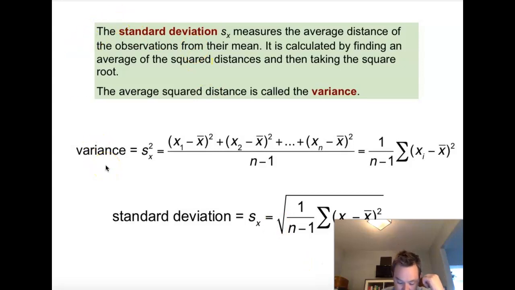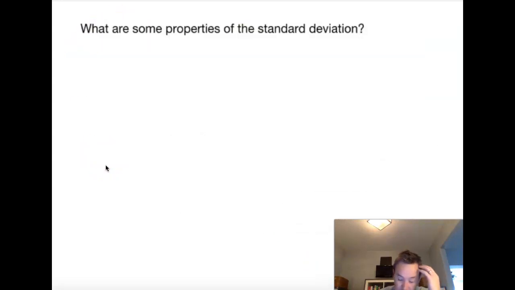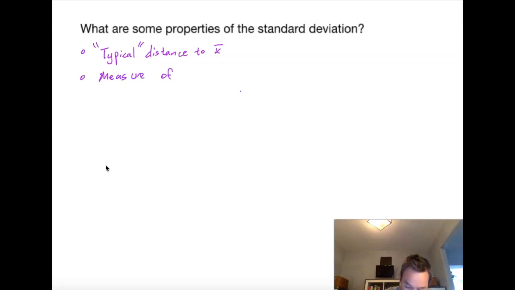All right. So some properties of standard deviation. I can just review these. We think of it as typical distance to the mean. It is a measure of spread.